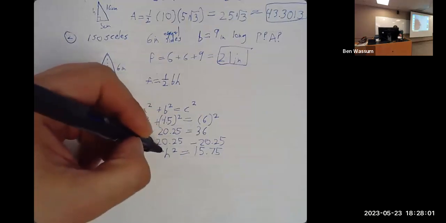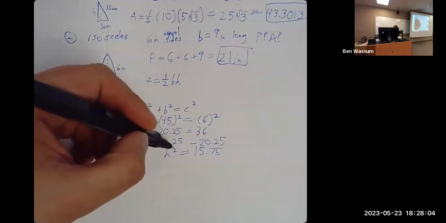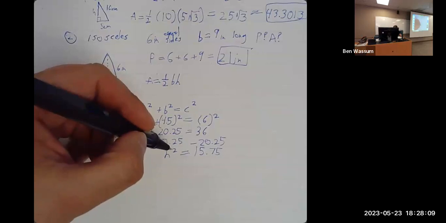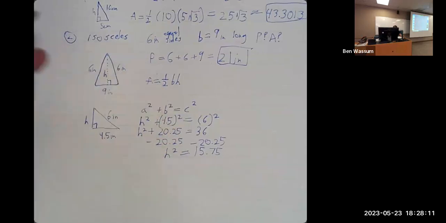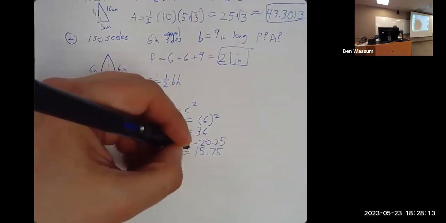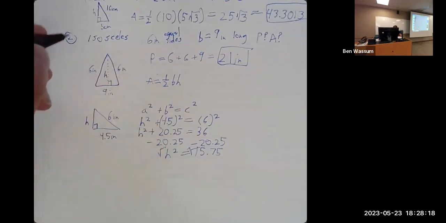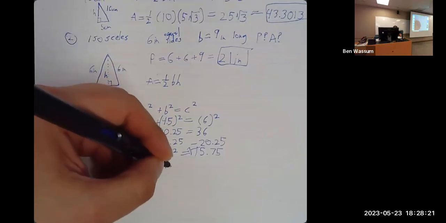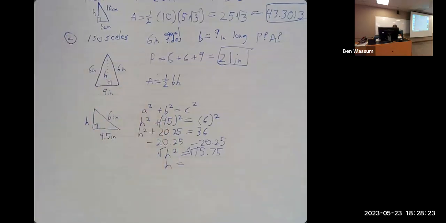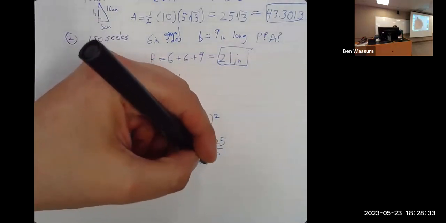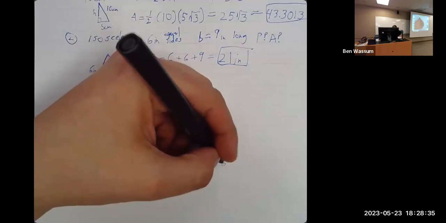And now I need to solve for H. Remember, if we have a square and we want to cancel that out, the opposite of a square would be a square root. So we do need to square root both sides. Now the way I show it looks awful, but that's a square root. So the H is equal to the square root of 15.75. I put that in the calculator and I get something around 3.9686.